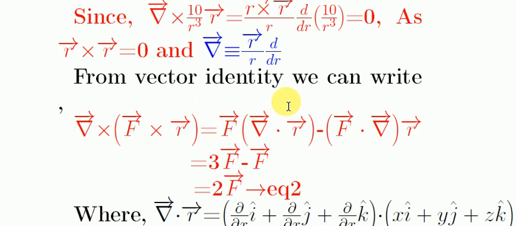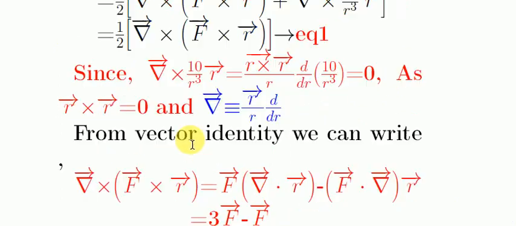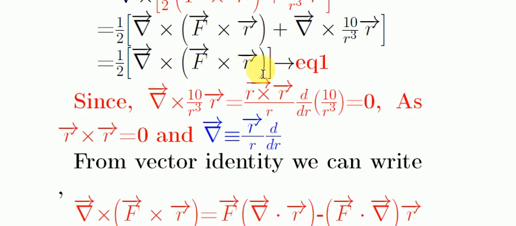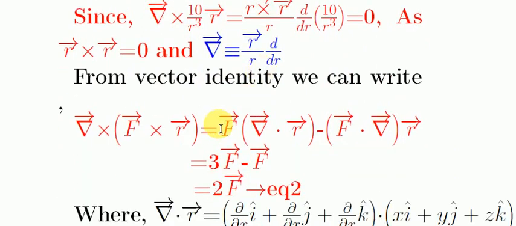From vector identity we can write del cross (F cross r) as F times (del dot r) minus (F dot del) operator acting on r.